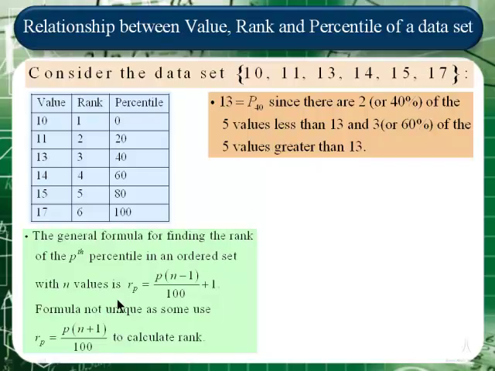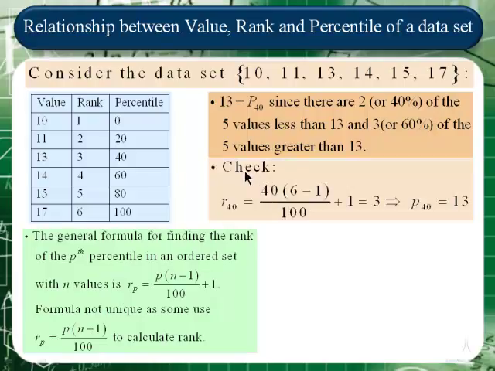Let us test it according to our given data. For instance, percentile 40. If I want to know what is the rank of percentile 40, so I know that percentile is 40, so I replace p by 40. We know that the sample size is 6, there's 6 observations, minus 1 over 100, 6 minus 1 is 5, and if we simplify this, we get an answer of 3.